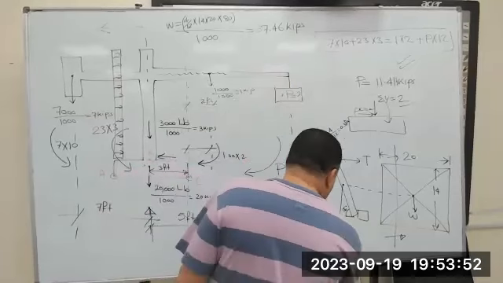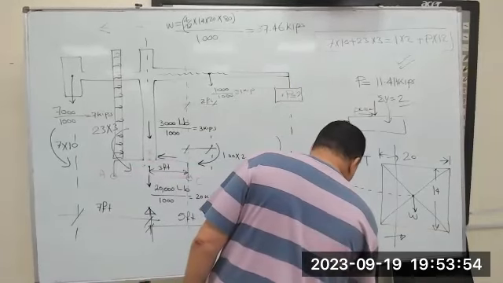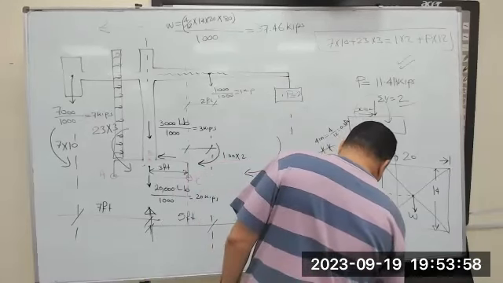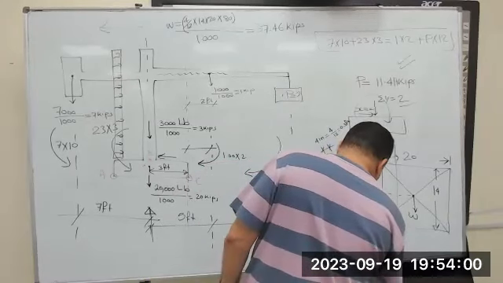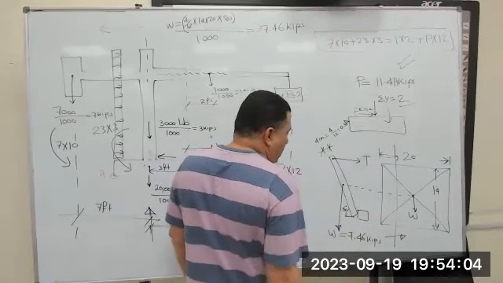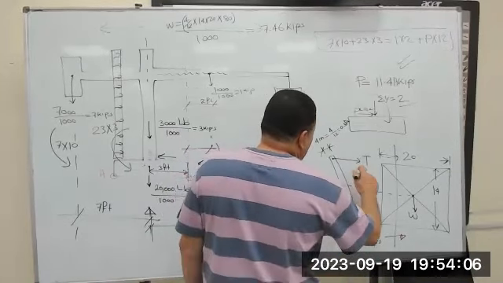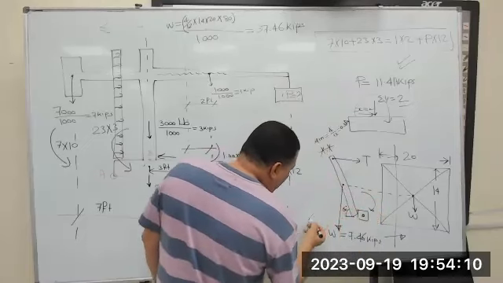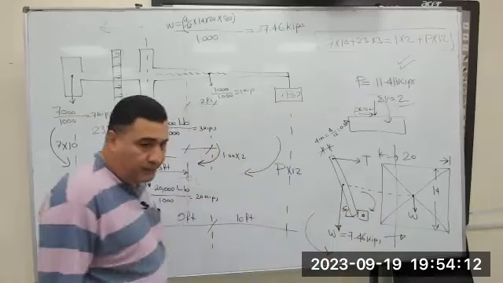Now I have 0.46 kips, correct? This force is weight downwards, and this force is giving you moment here or not? And the W gives another moment to resist or not?